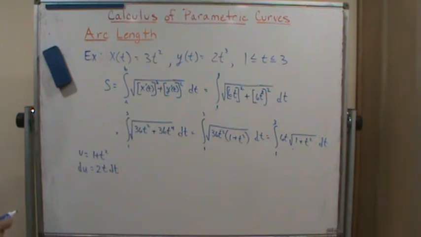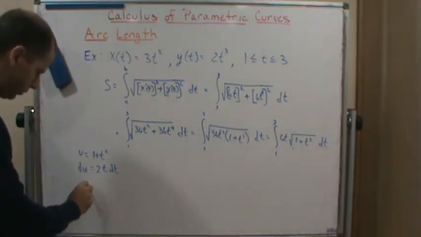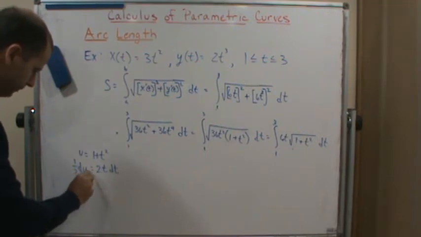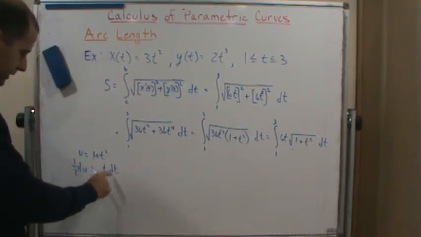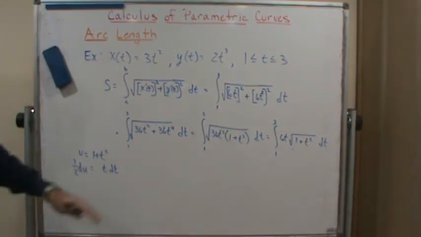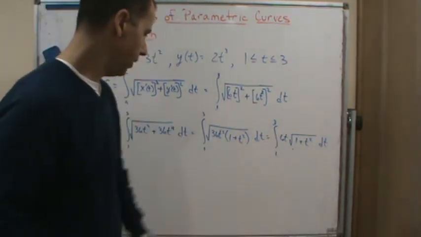So there's a couple ways I could do this. I could just divide both sides by 2, and make this 1/2 du equal to t dt and do my substitution. I could pull the 6 out, right? So let's do that.